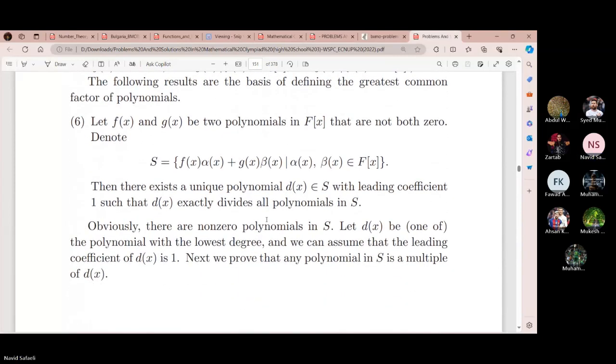Moreover, let f and g be two polynomials in some field F of x. Both are not 0.